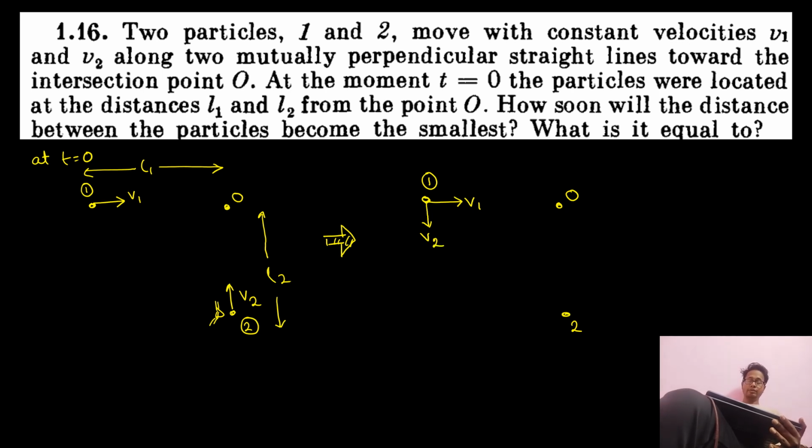Now see, this distance is L1 and this distance is L2. Now with respect to this particle, how does this body appear to move? This body would appear to move in this line.